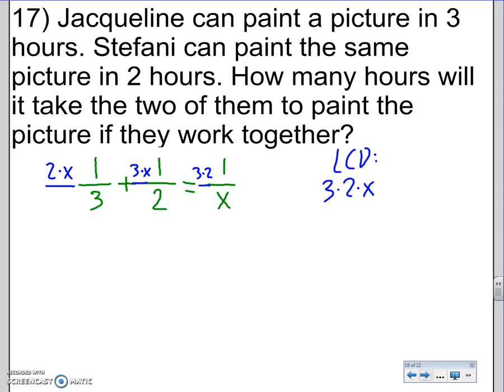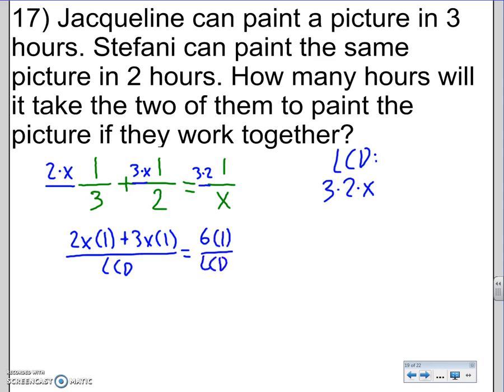So make a big fraction on each side. This first one's 2 times x times 1 plus 3x times 1 over the LCD equals 6 times 1 over the LCD. I might as well take out the restriction now. In this LCD, the only restriction I see is x by itself, which is 0.